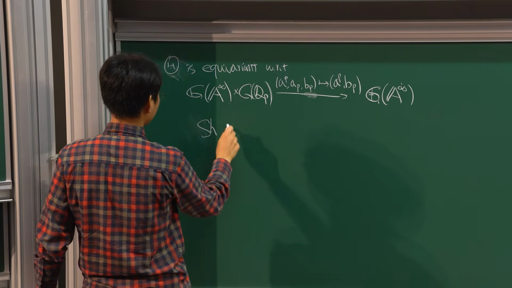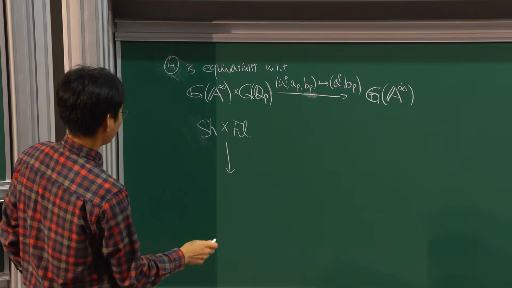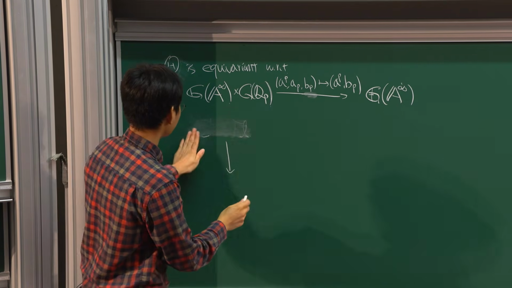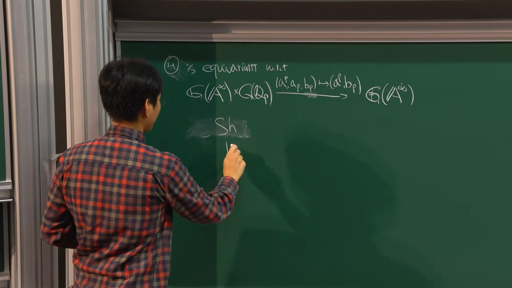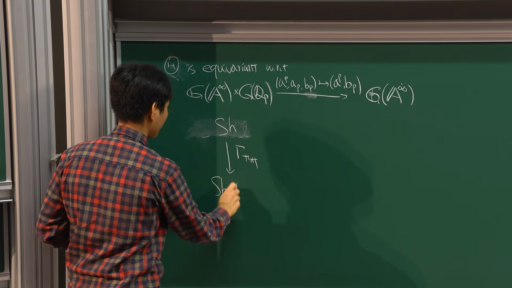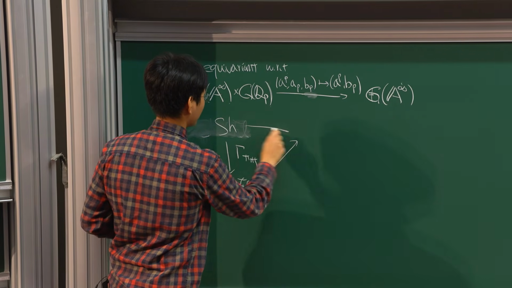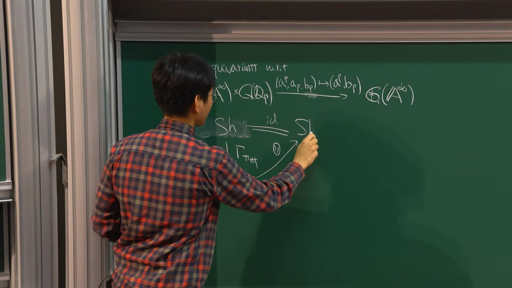There are some other conditions, such that if I look at the Shimura variety times the flag variety, and start with the Shimura variety, and look at the graph of the Hodge-Tate period map to Shimura variety times flag variety, then map it to theta, that's going to be the identity map on the Shimura variety.